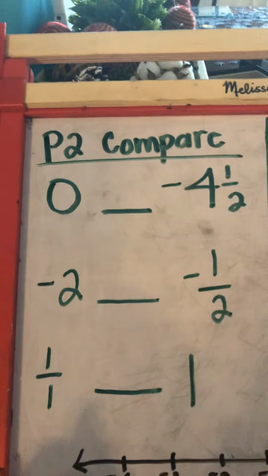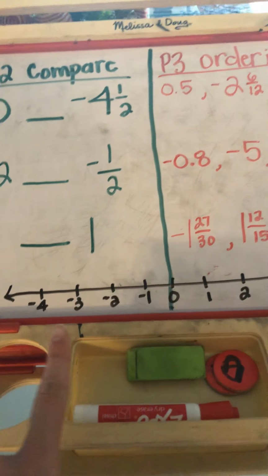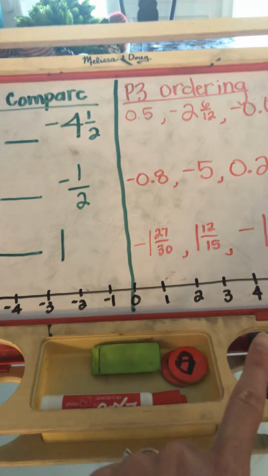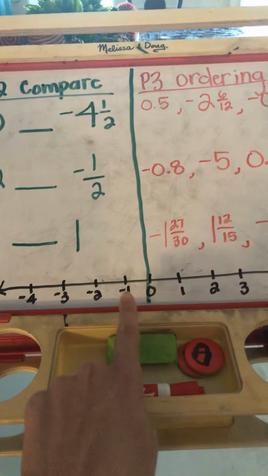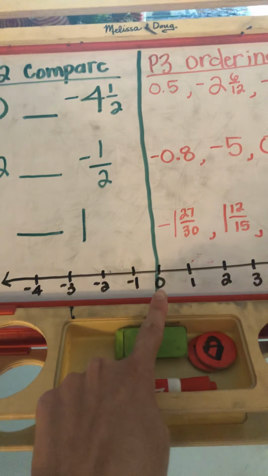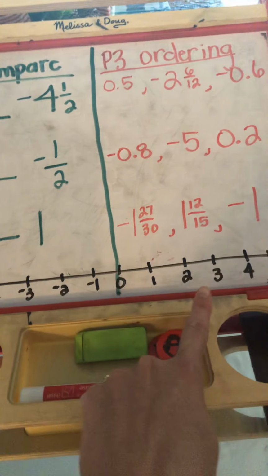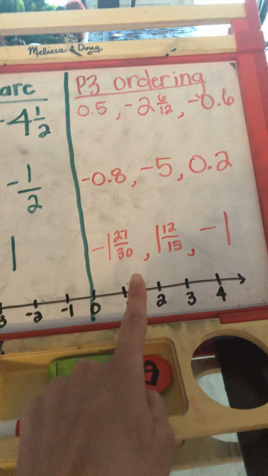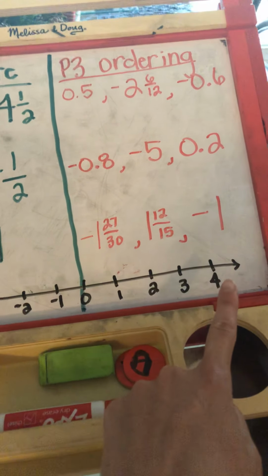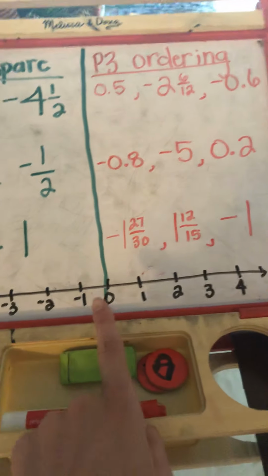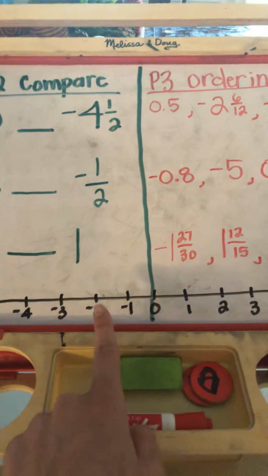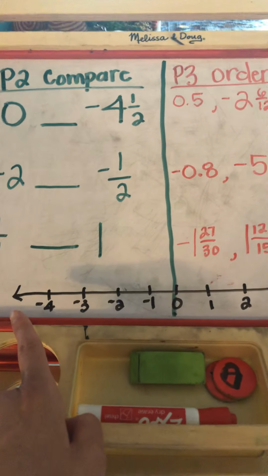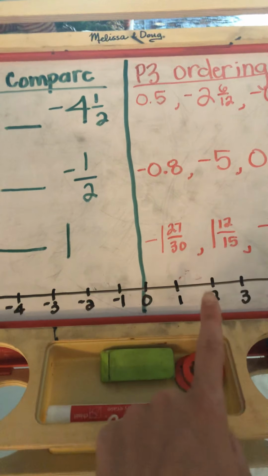Now, I went ahead and put a number line down at the bottom, and you might want to draw one on a sheet of paper to remind yourself that in the middle here we have 0. Everything to the right of 0 on a number line is a positive number, and then the further away from 0, the greater the number gets. And then everything to the left of 0 are negative numbers. And it's the opposite, right?